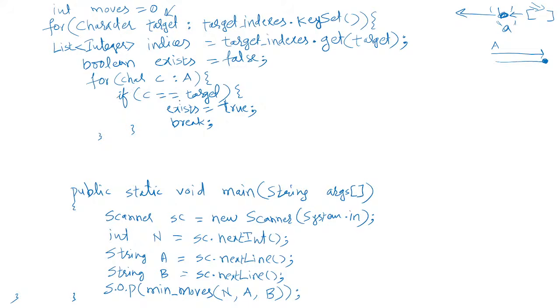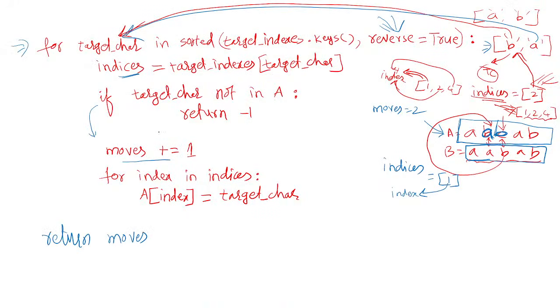Once exists becomes true, it is present. Now you perform the move as we did in Python code. See here, we are returning -1 if it is not there, or we are making it false in that case directly. Now you can start the conversion process.